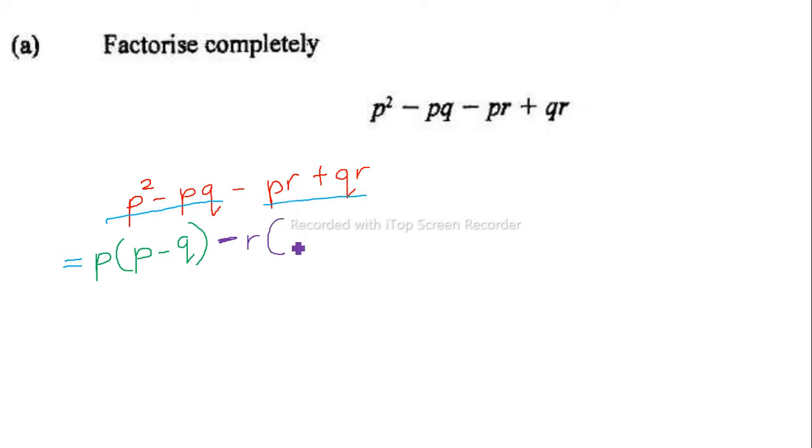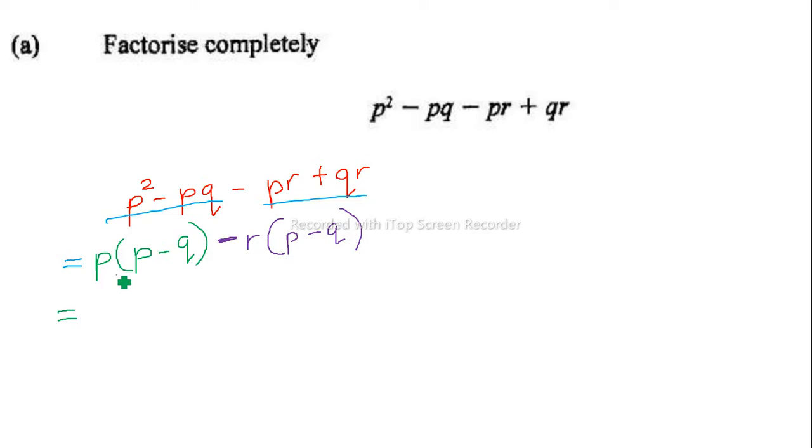P, very good. And then this is going to be minus, because a minus and a minus gives me positive. So r times what? Q. R times q.